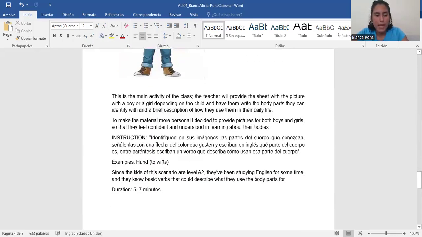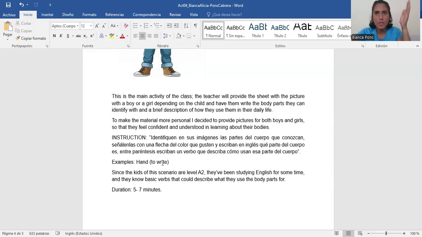So this is the main activity of the class. The teacher will provide a sheet and a picture with a boy or a girl, depending on the child, and have them give the body parts, write them, and show them with an arrow or however they want to identify the parts with. And a brief description of how they use them in their daily life.